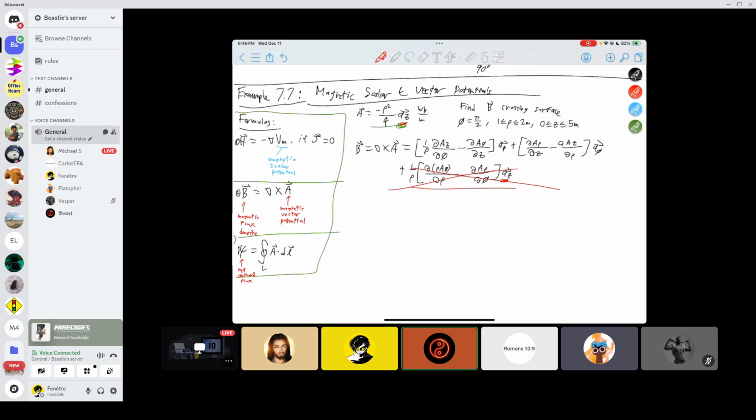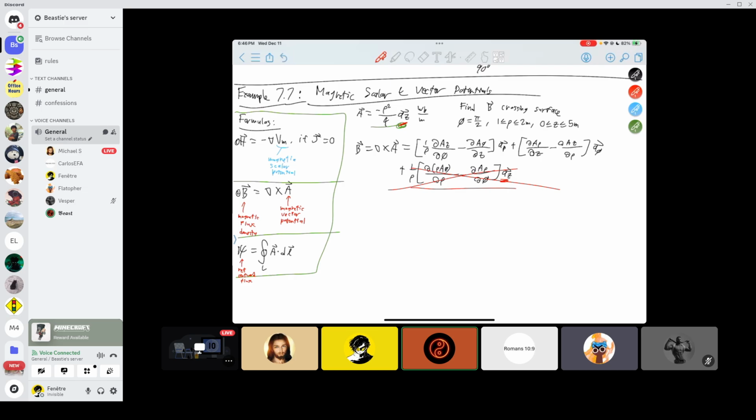Okay, so if we look at the given formula A, we see that it only has rho in it, correct? It has the P. If we look at the subscripts for each case, the one that you crossed out is going to go away, because if you take the partial derivative with respect to phi, we don't have anything relating to phi in there, so that goes to 0.